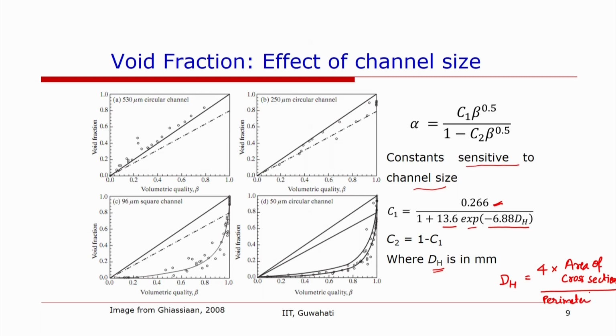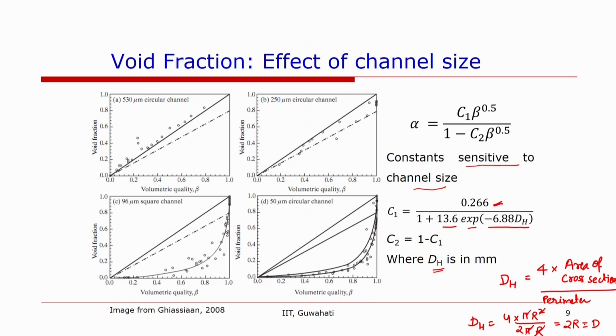So, for a circle this dH is equal to 4 into pi r squared over 2 pi r, r cancels out, pi cancels out, and one will have 2r. So dH is the same as the diameter of the channel.